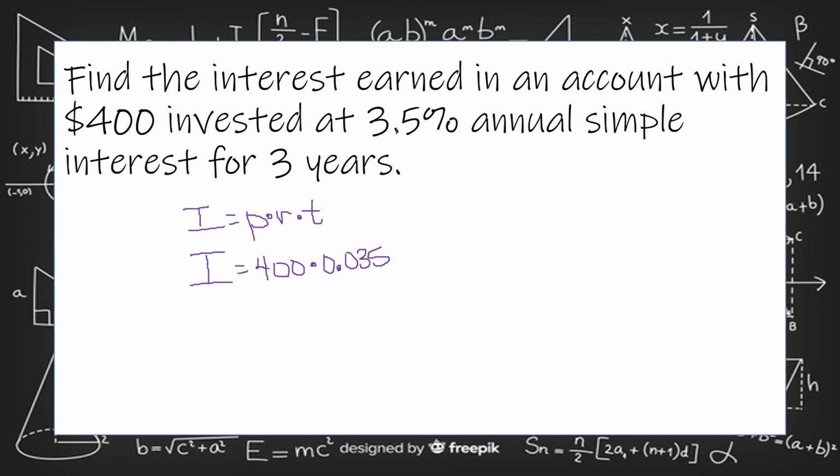Remember, you have to move the decimal 1, 2 spots. So 0.035 times the time it's invested. So 3 years. So I'm going to say 400 times 3 years times 0.035.